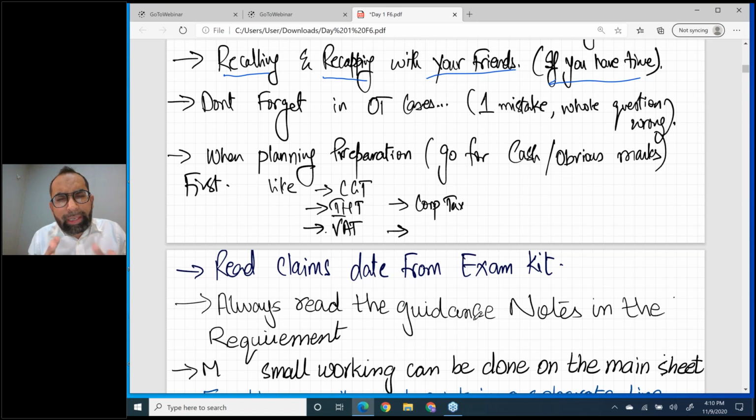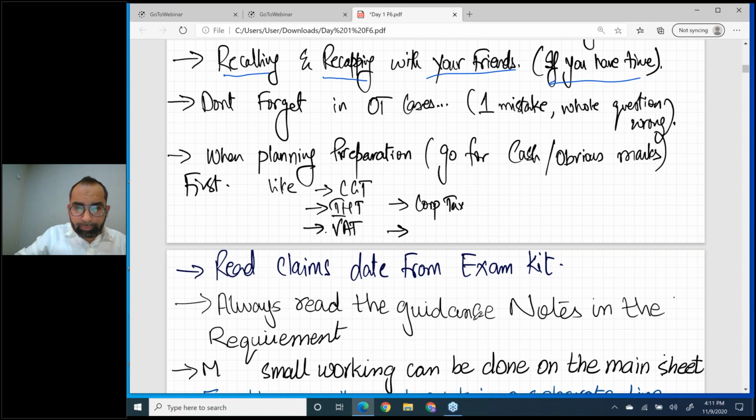Because these are small areas, if you do each and everything of these areas, you can easily score around 60 marks, just for your clarification. CGT 10 marks fixed, IHT 10 marks fixed, VAT 10 marks fixed, and corporation tax 15 marks fixed, 45. Plus you also get MCQs from section A from these areas. So in short, we can say 60 marks from these areas. So these are very cash areas to clear the paper, right?